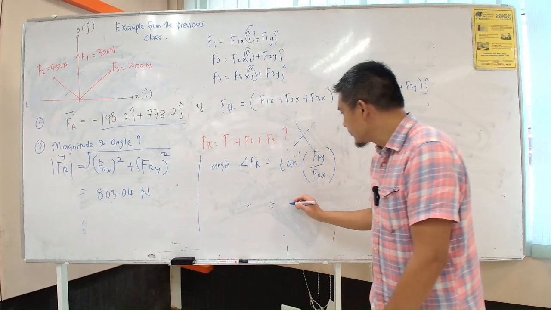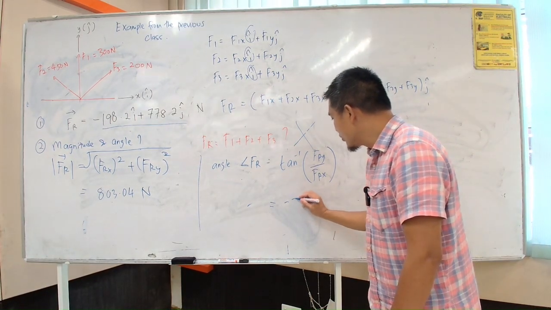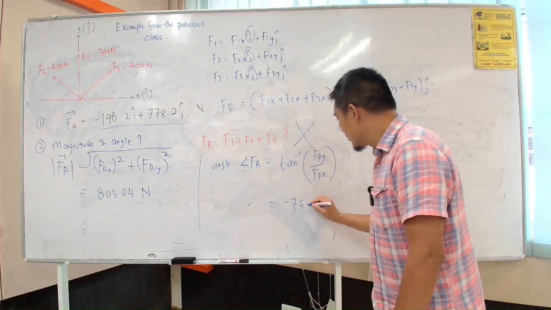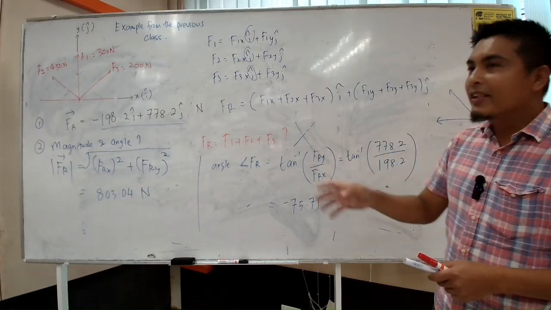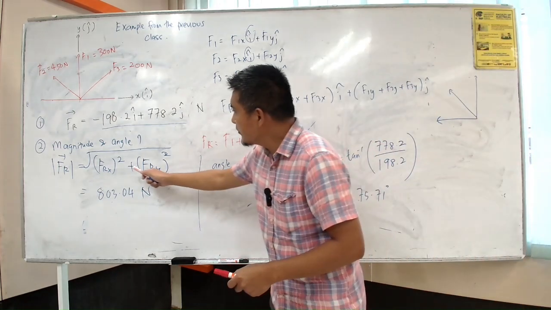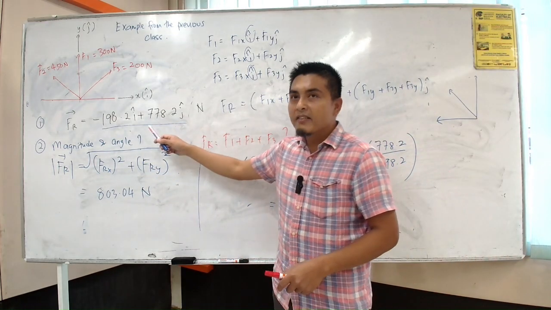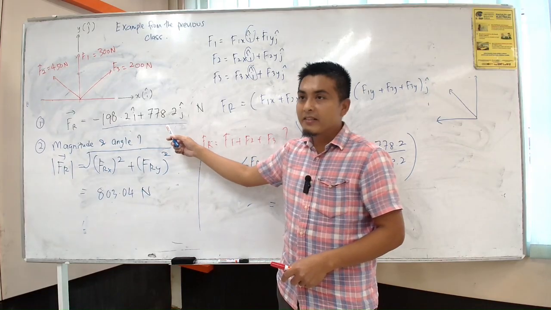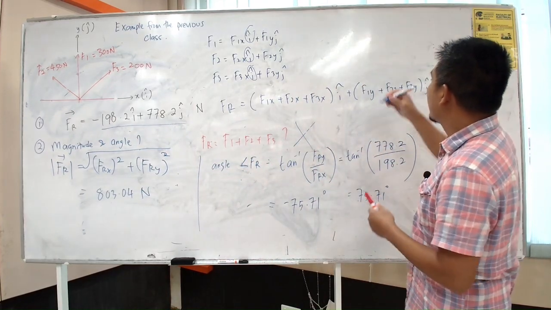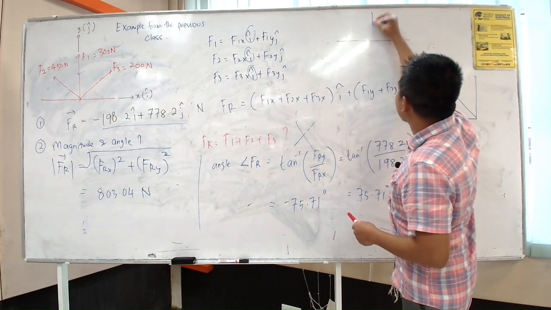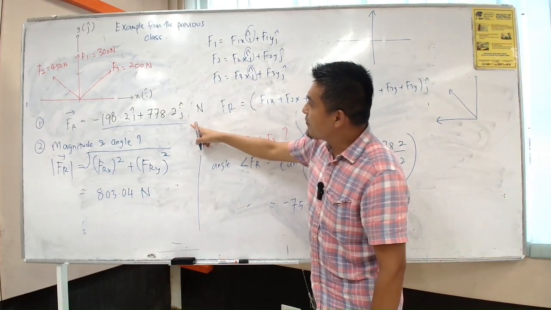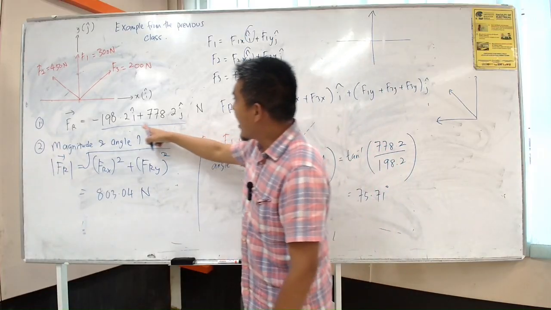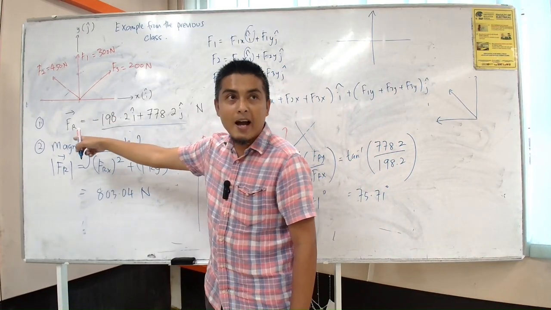What did you get? Negative 75.71. So you can see that this is the resultant force. So if we draw the resultant force, it is in the negative direction of I.